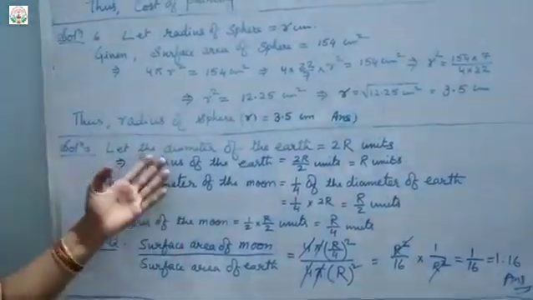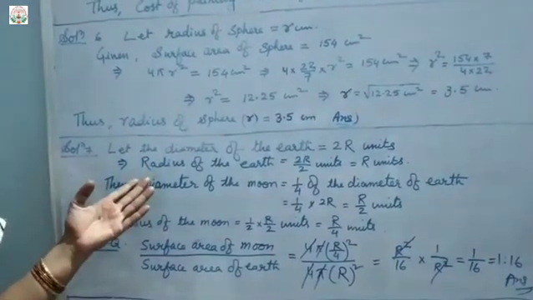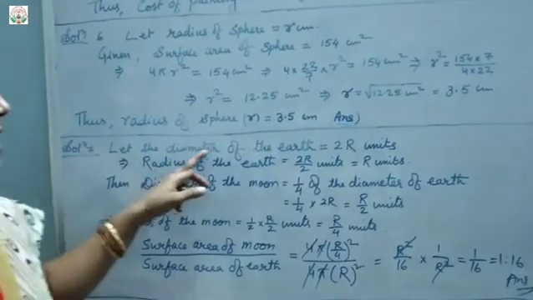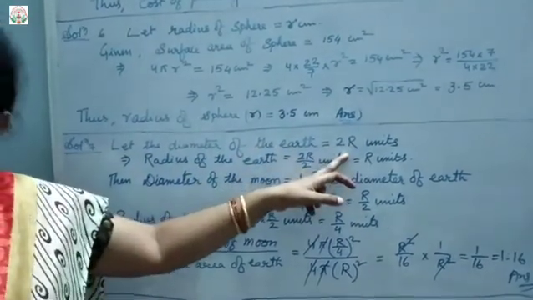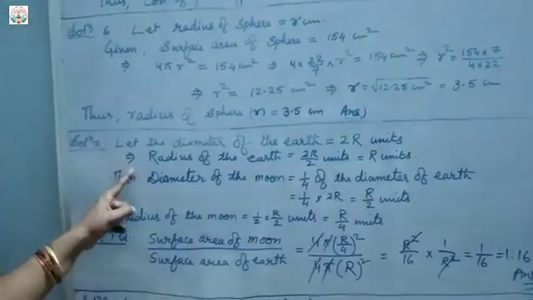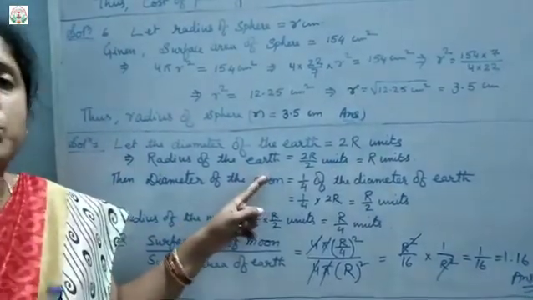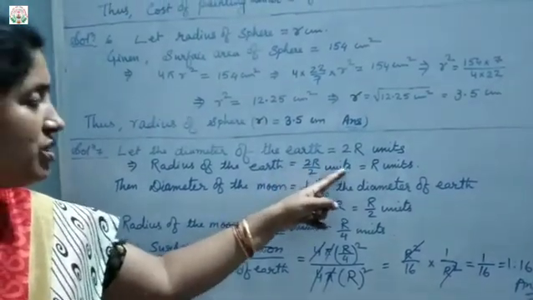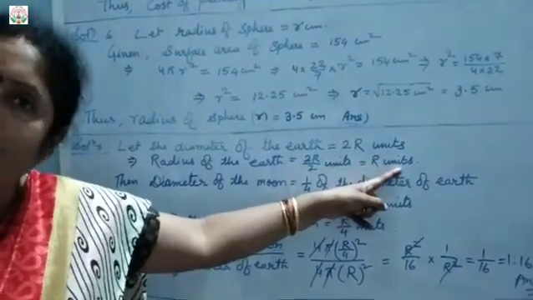That means moon's radius is 1/4 of the earth. So let us take the diameter of the earth as 2r units. Now radius of the earth will be what? We know that diameter upon 2. So 2r upon 2 will be R units. Clear?